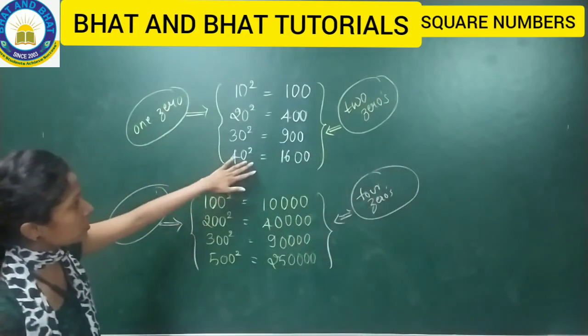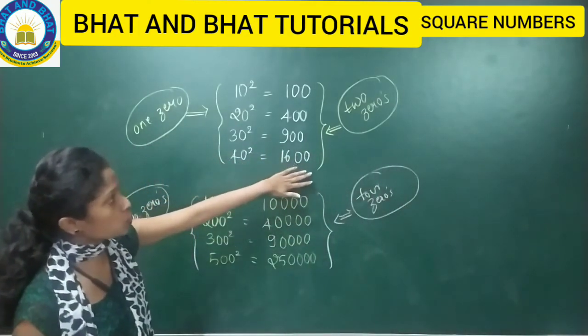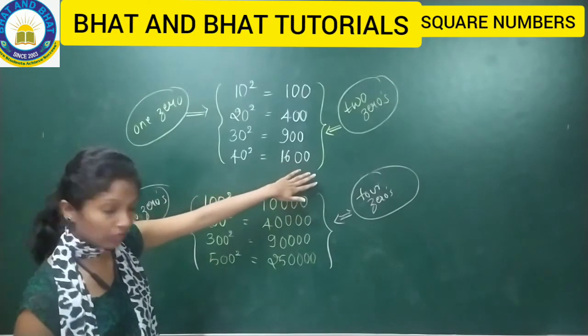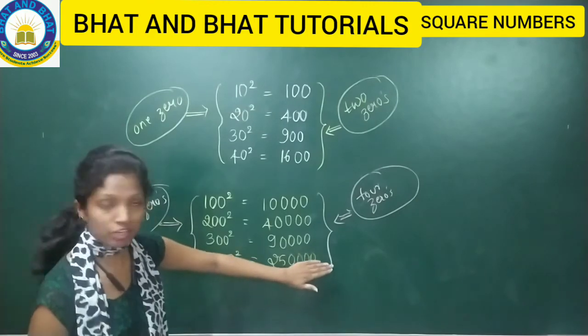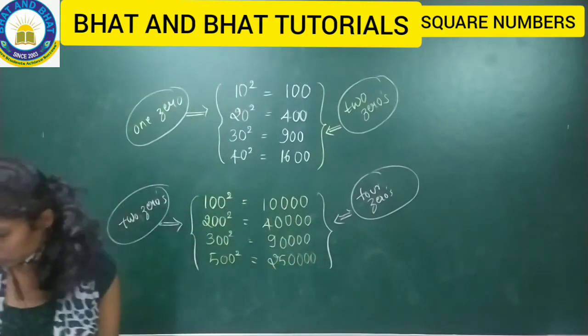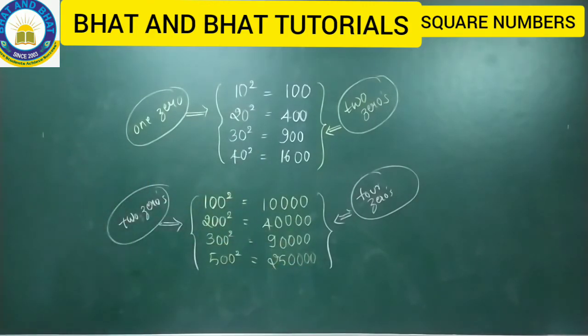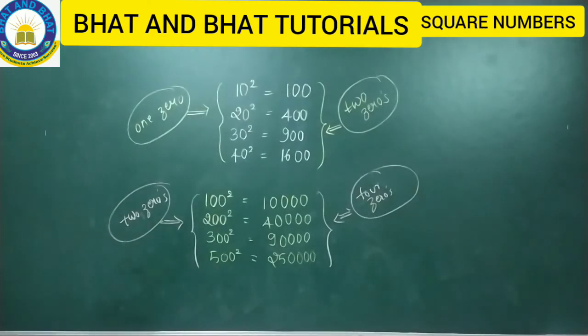So when you have 1 zero, your square answers will have 2 zeros, and when you have 2 zeros, it will be 4 zeros. So you can copy down this. Hope you all copy down this.